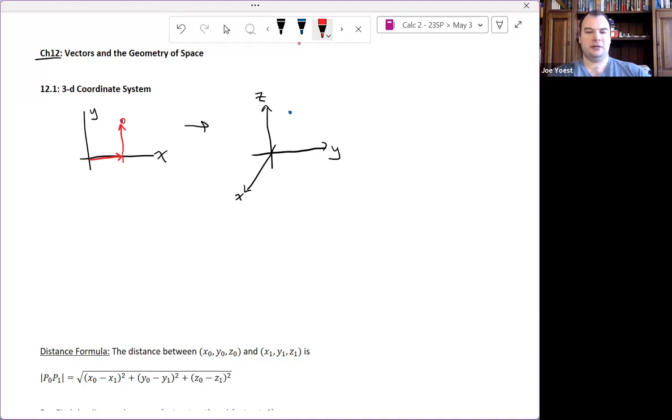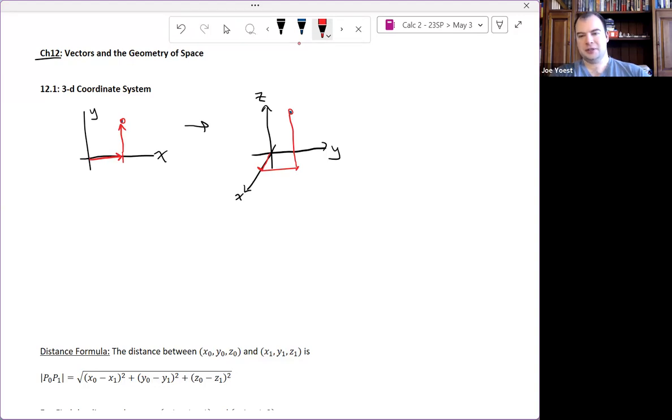If I have a point in 3D space, I can imagine going a certain distance out along the X-axis, turning and going a distance parallel to Y, and then going up parallel to Z to get to my point.